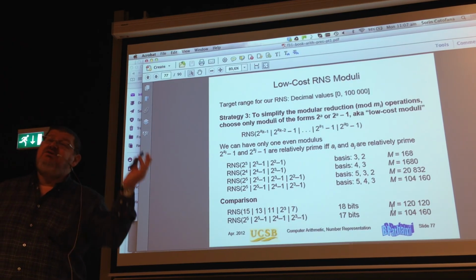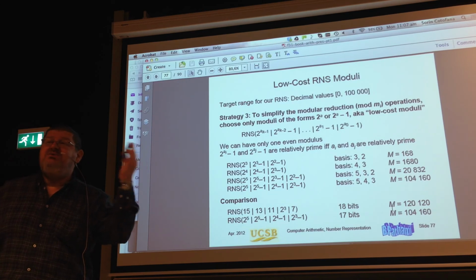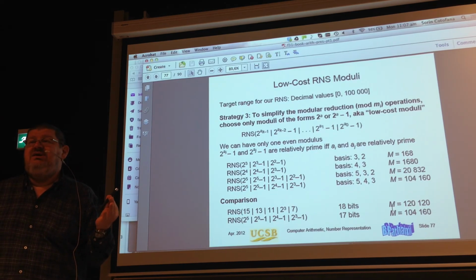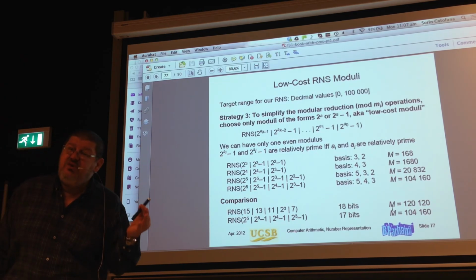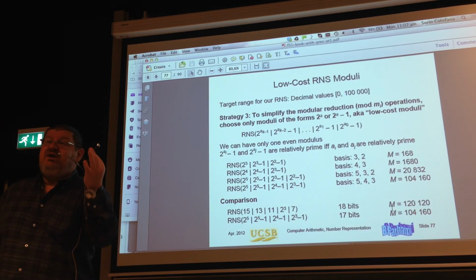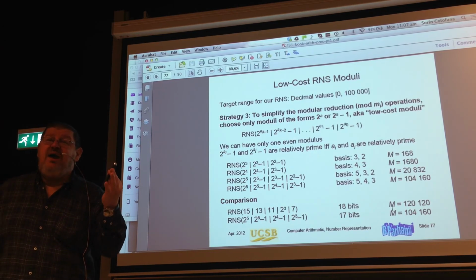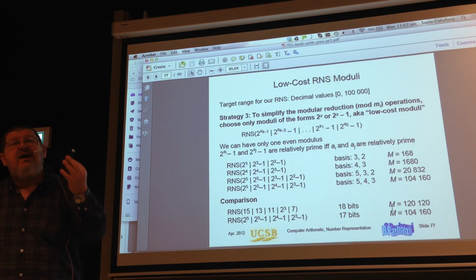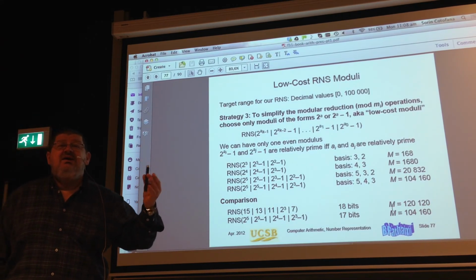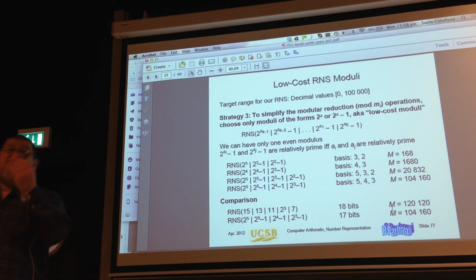If m is a random number, computing m minus x will cost me an addition. If m is a beautiful number, like 2 to the power k or 2 to the power k minus 1, that will end up in dropping a carry and maybe injecting it back in the least significant position.